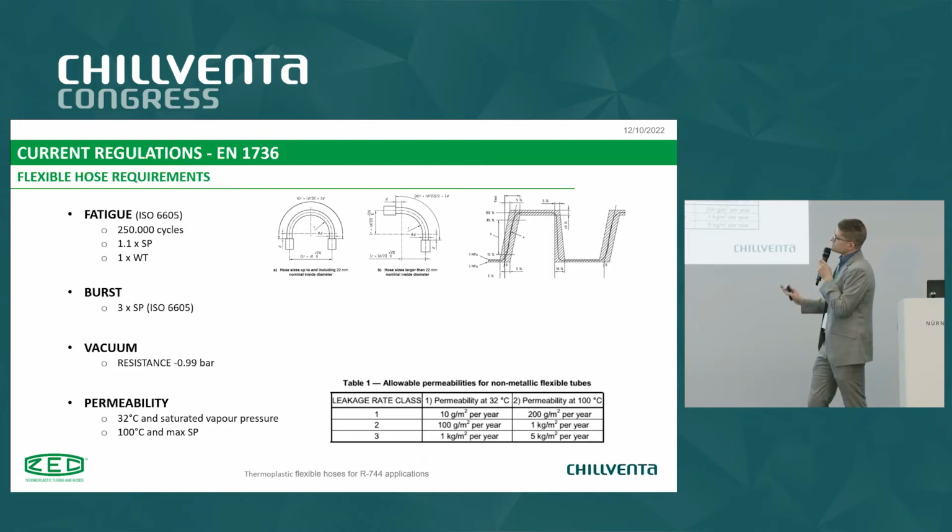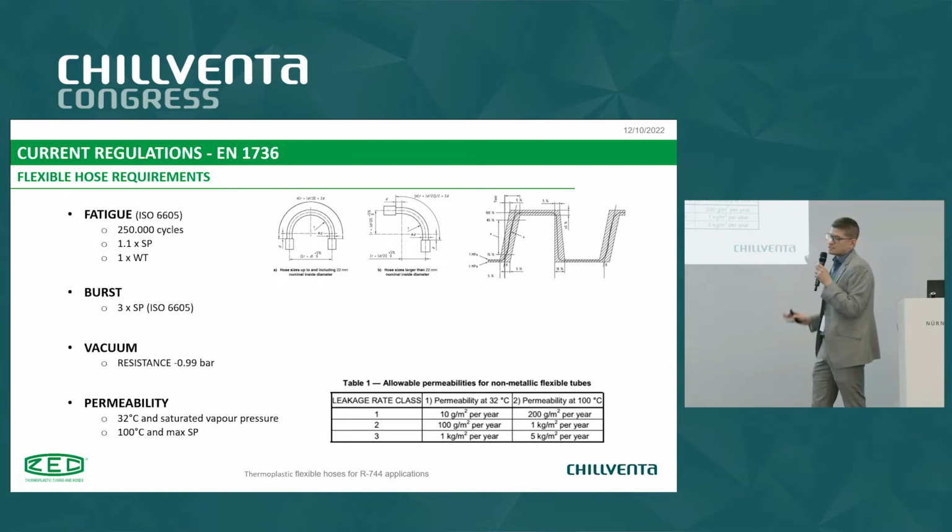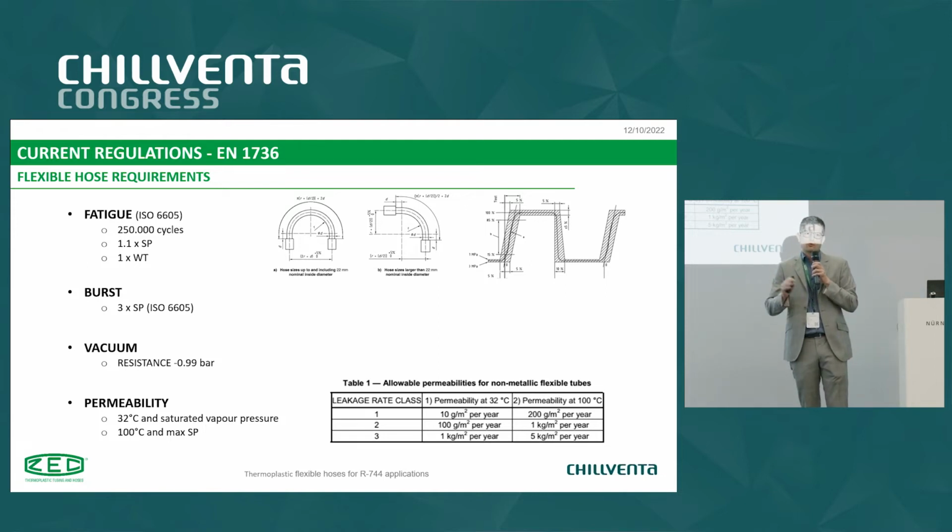So this is the list of the main requirements requested by the standard, the EN 1736, for flexible hoses. There is a fatigue test where the hose is installed in an impulse test bench and must withstand 250,000 cycles at the service pressure and the working temperature. This test is made with oil. Why oil?